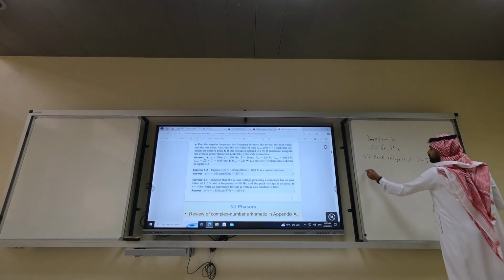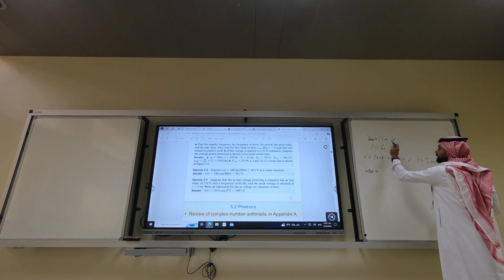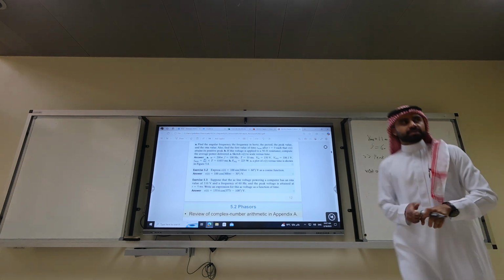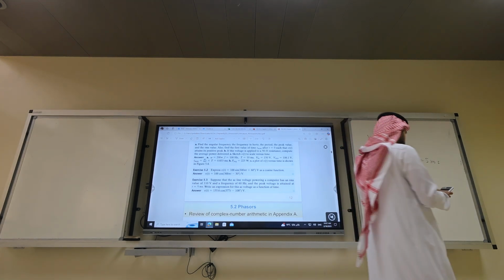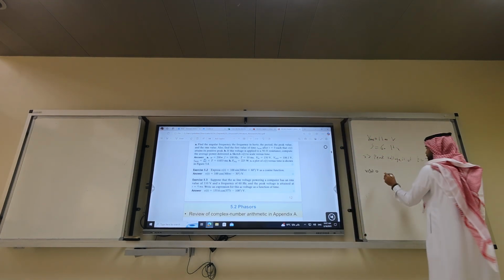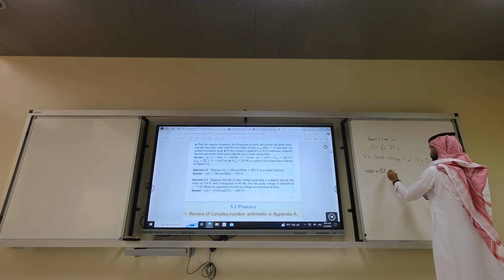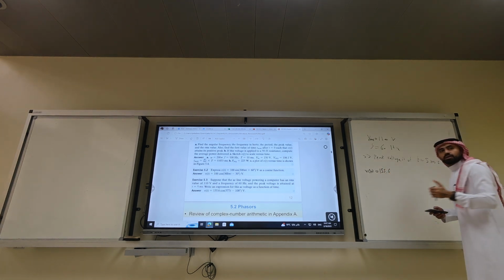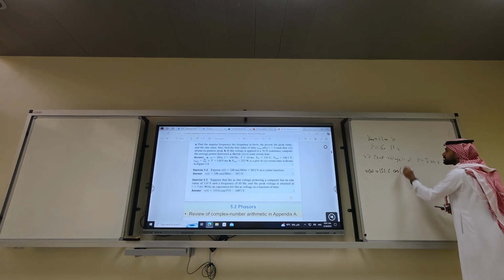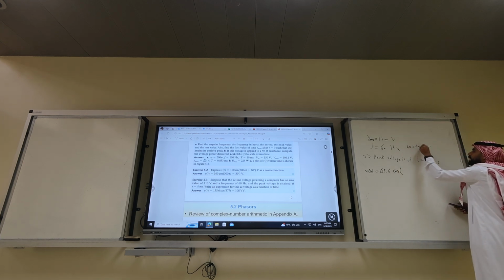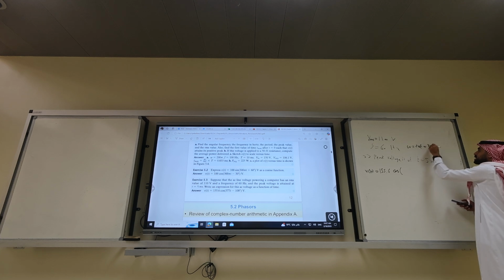So the expression, I told you, you have to put the peak. What's the peak? 110 times the root of 2, which is going to be 155.6. And then you put sine or cosine? Cosine. What is omega? 2 pi f, which is 377.